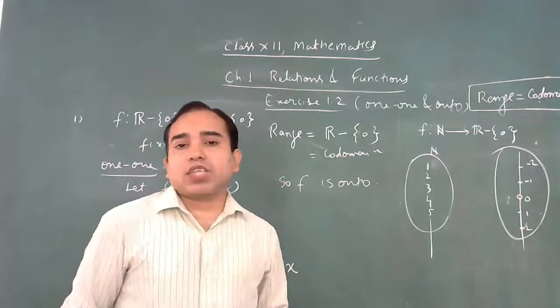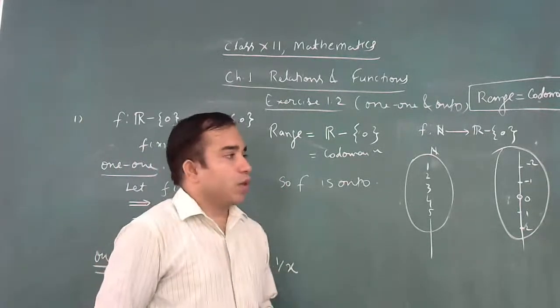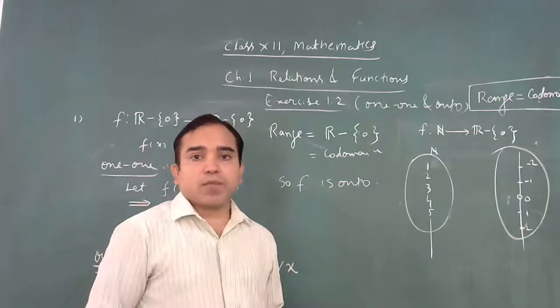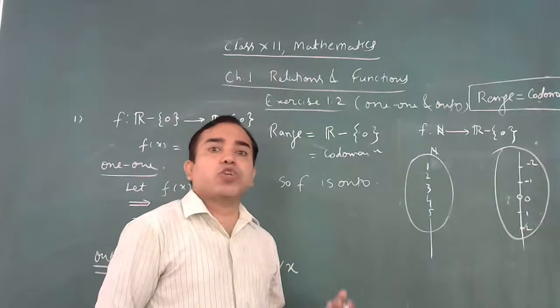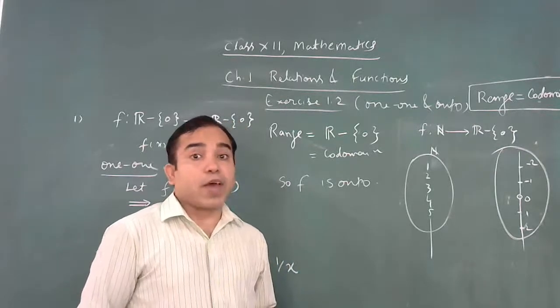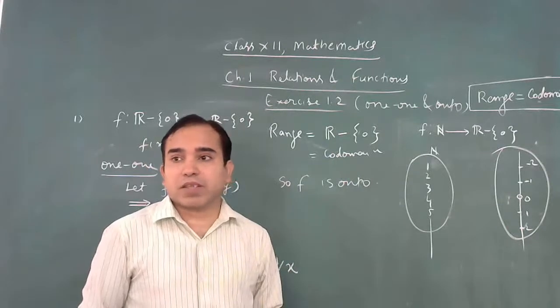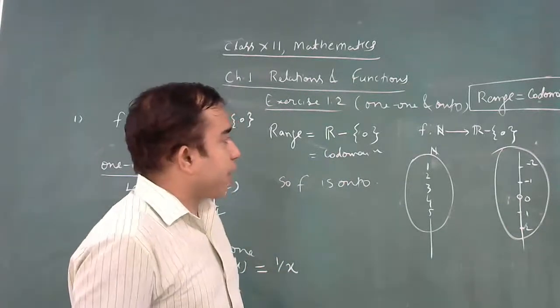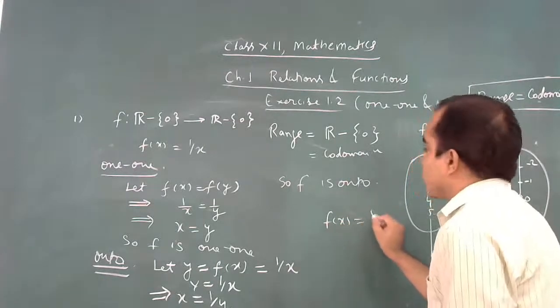Now one thing: whenever the domain is natural numbers or integers, or even a smaller set, the best method to check one-one and ontoness is to draw an arrow diagram, as we saw while discussing the previous examples. You know how to draw an arrow diagram? Rule you keep, remember, f(x) is 1 upon x.